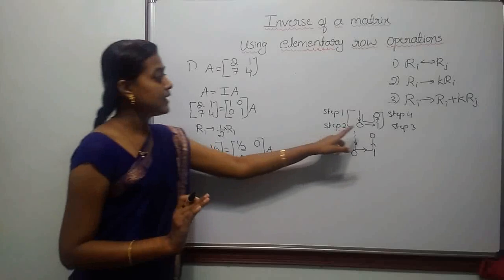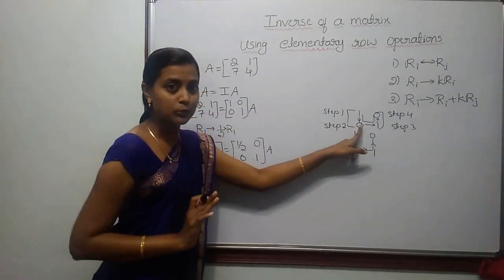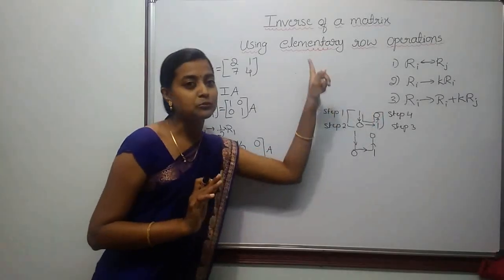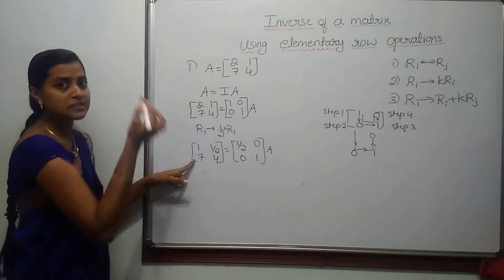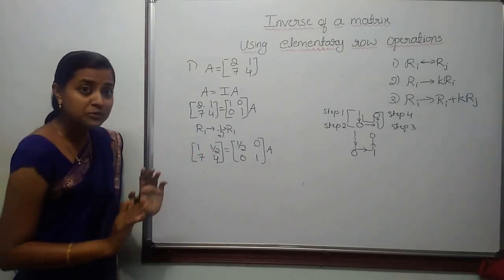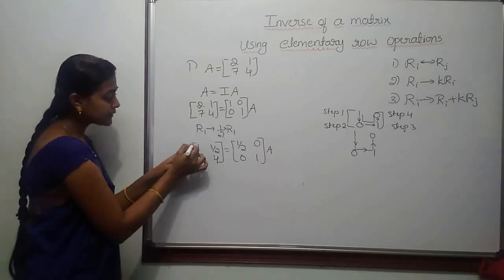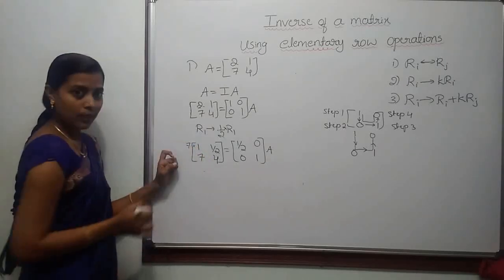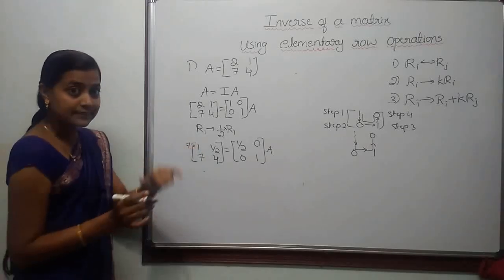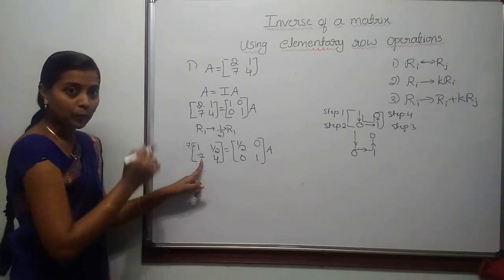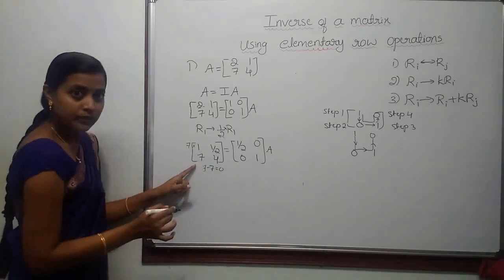Second step is reduce the element lying in second row first column to 0 using the first row. To reduce this element to 0, we use first row. How can you use first row? Observe here. If I multiply this 1 by 7, then 7 into 1 is 7, and subtract this result from the second row, then we get 7 minus 7 is 0.